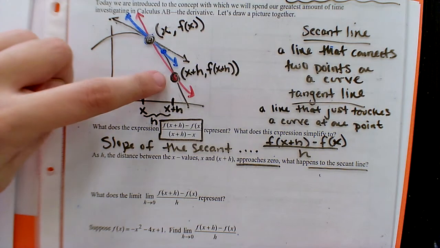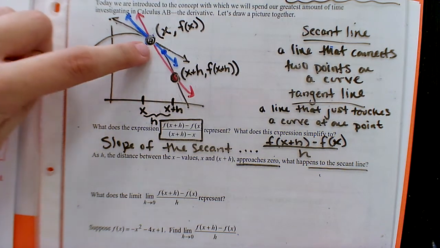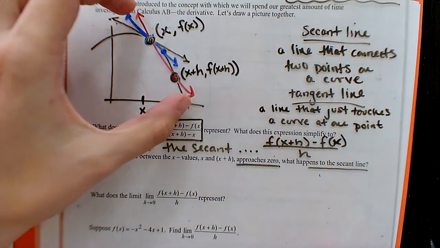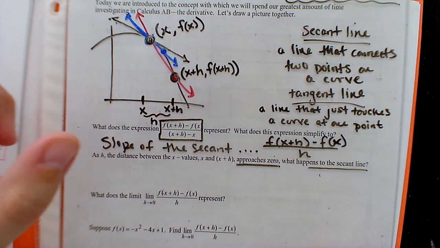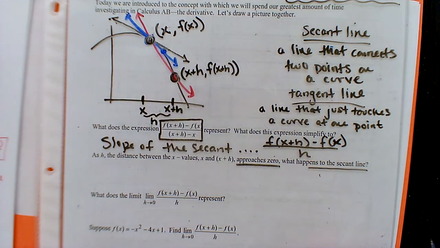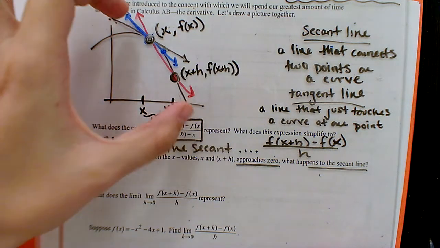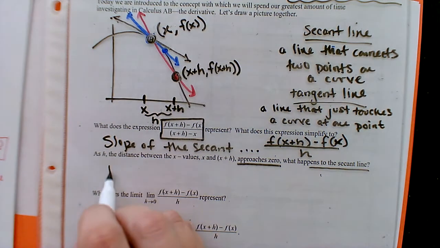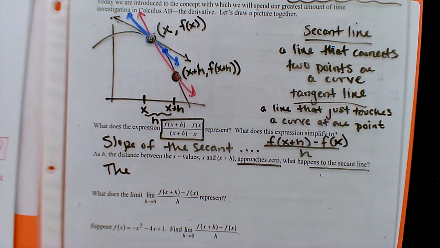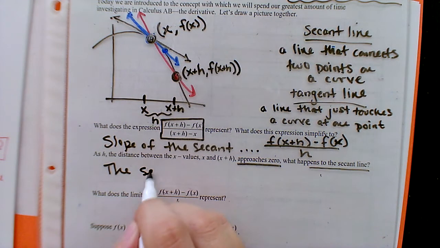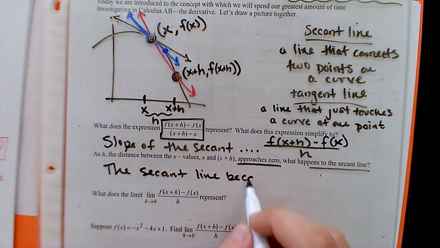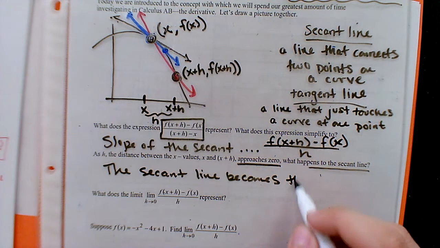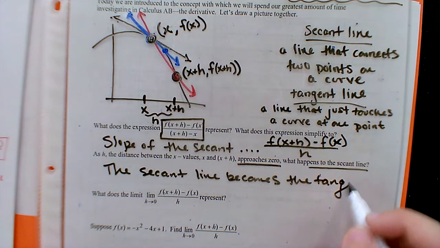These points are eventually going to be each other, which means the red line is eventually going to be the same line as what other line on our picture? The black line. Okay, so as the distance between the two secant points gets closer and closer to 0, the secant line becomes the tangent line.